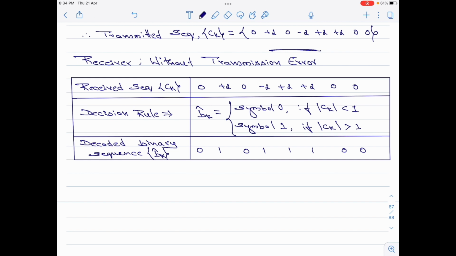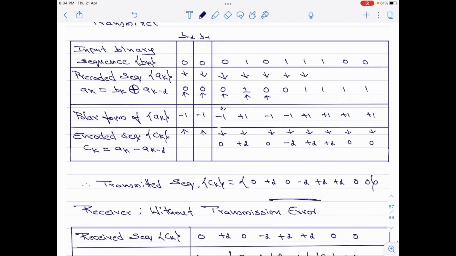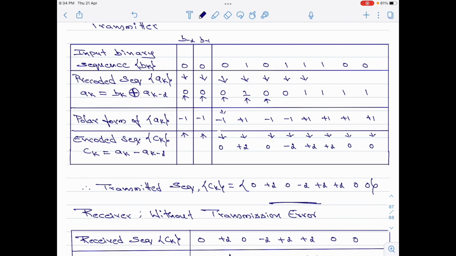Therefore, the new decoded sequence is, right. To verify whether the encoding and decoding was successful, we will compare the decoded sequence with the input binary sequence, and we find that they are one and the same, which indicates the operation was successful.